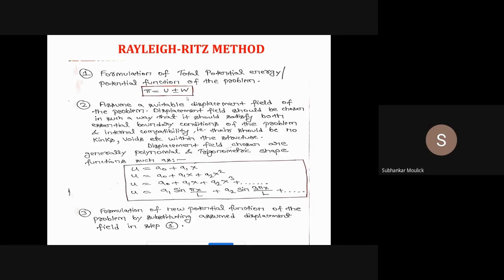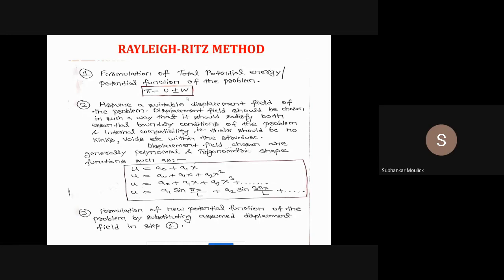What is the second step? If you remember the weighted residual method, what were we doing in the second step? We were assuming some shape functions. Those shape functions can be trigonometric functions as well as polynomial functions. Here also, in the second step, after the formulation of the total potential of the problem, we need to assume a suitable displacement field.